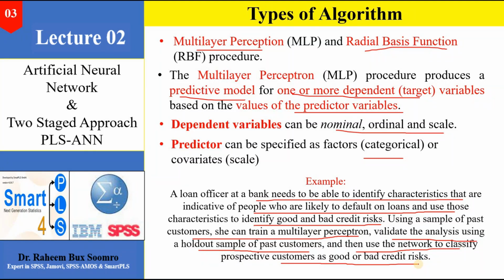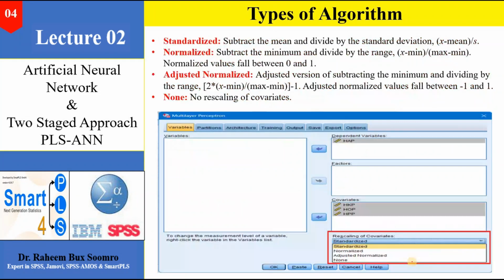In this way, the predictors will be ranked according to their importance. Then the loan officer may decide whether a customer carrying this type of indicator may or may not be provided a loan by the bank.